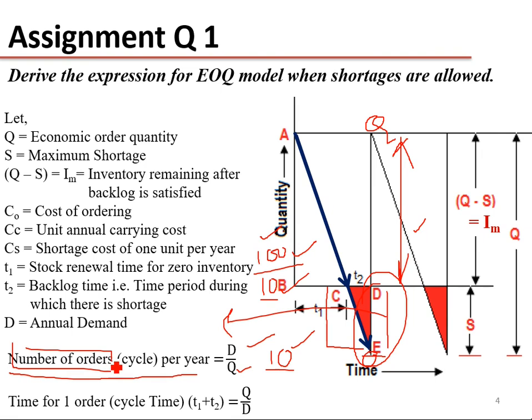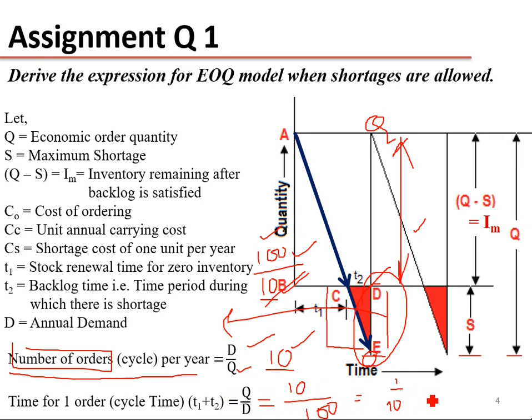From this we can also find the time for one order. If I need to calculate how much time I need, the first order I give from here and the second order I give at this point. That means I need the total number of days or months. We can calculate this as Q by D. Q is 10 and D is 100, so it comes out to be 1 by 10.